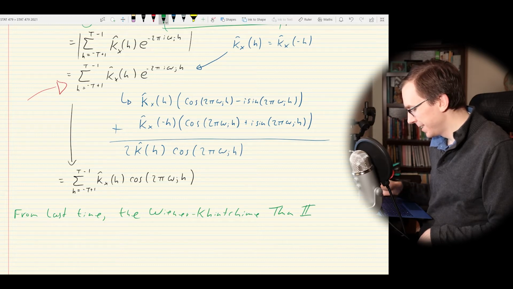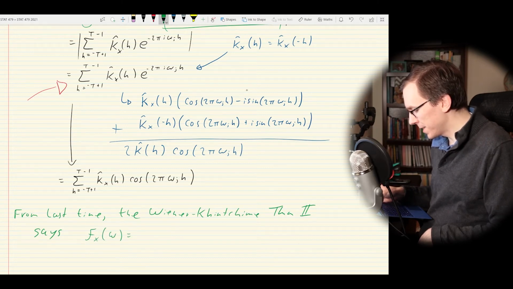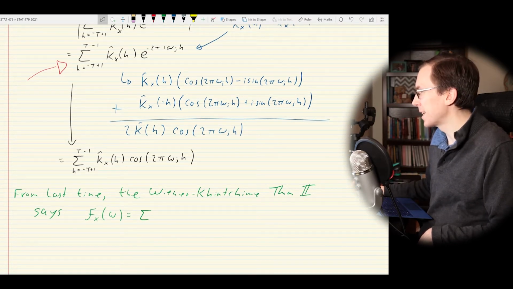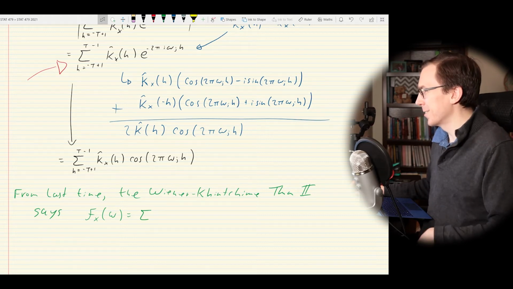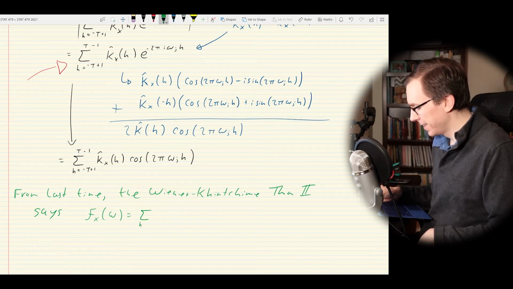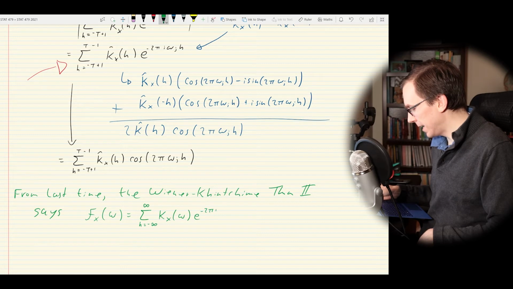number 2 says that the spectral density f x omega is equal to the sum, I think we're going from plus or minus infinity because we're working in the sort of math world where we can just take our autocovariance k x from minus infinity to plus infinity times the complex exponential e to the minus 2 pi i omega h.